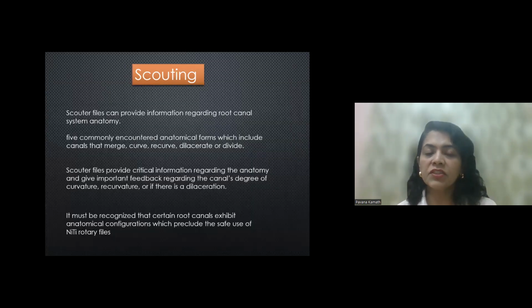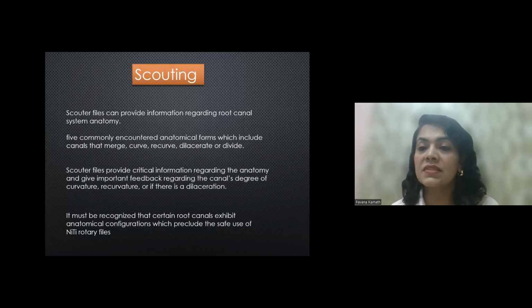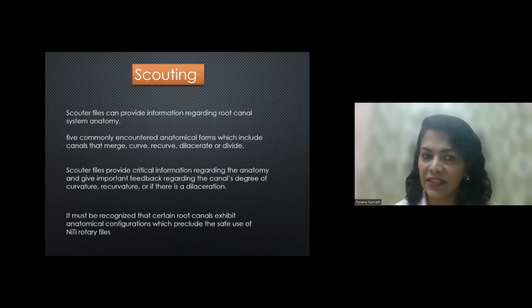Scouting. The file which is used to establish the glide path is the one which is also helping us to scout the root canal system. What I mean by scouting is exploring the root canal system anatomy to understand how best we can prepare it mechanically and debride it efficiently, along with disinfection. So scouter files can provide information regarding the root canal system anatomy.